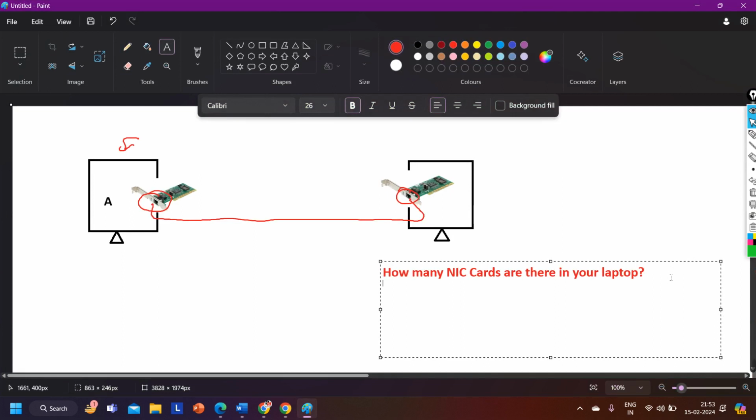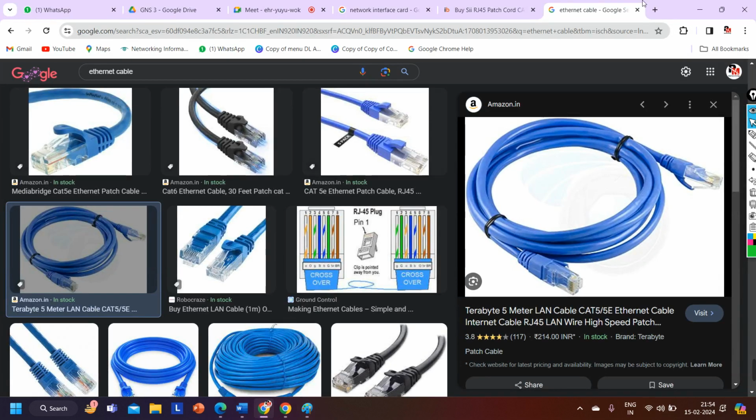Okay. So the answer to this question depends on how many ways we have to connect the devices to the network, and we can add a NIC card also. Like if you have an old CPU, it does not have a Wi-Fi NIC card, but if you want to connect your old CPU wirelessly to your access point, your home router, you just need to purchase a small device from the market for 100 or 150 rupees.